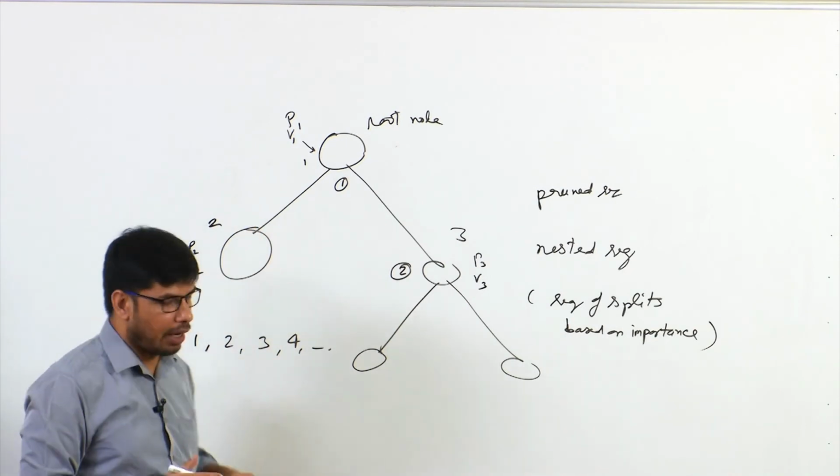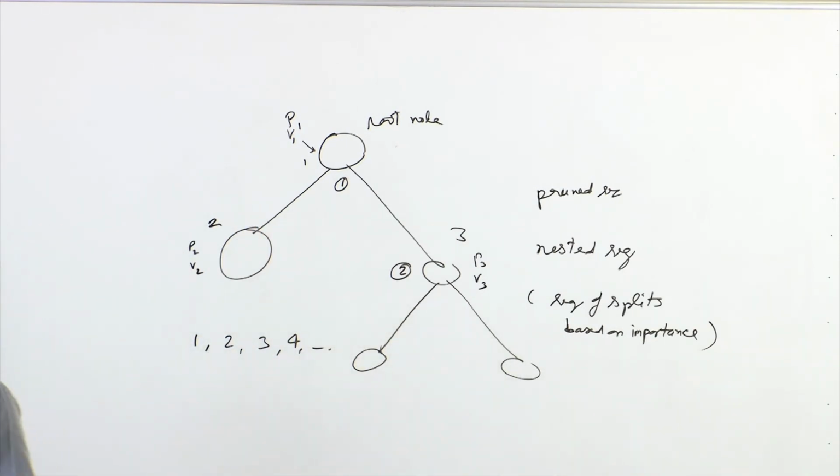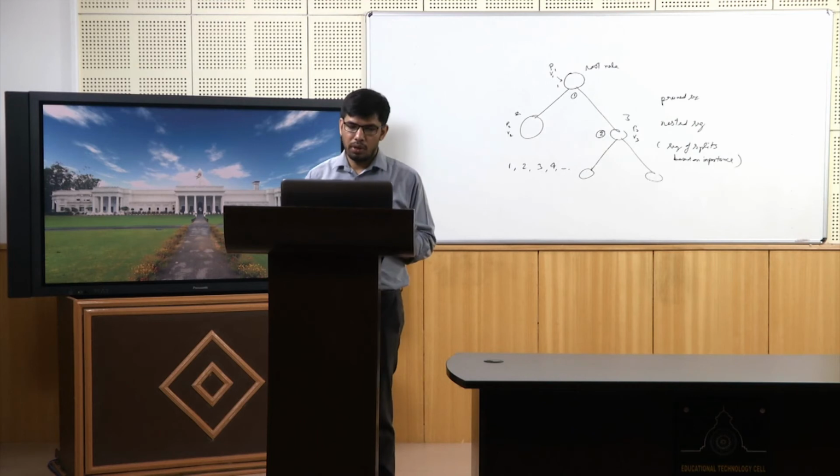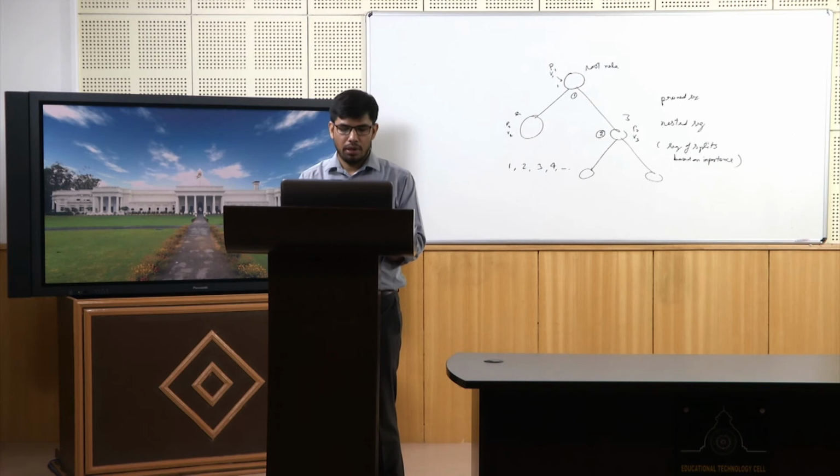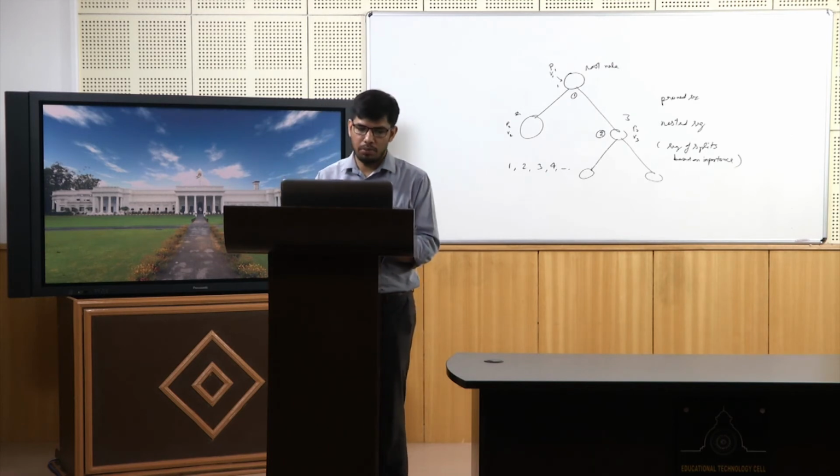However, what we are trying to do here is just following the order of the node numbers, and that is not actually the nested sequence or the sequence based on importance, right? So the least important split should be removed first, and that is how we need to prune the tree. However, we are following the order based on the node numbers.